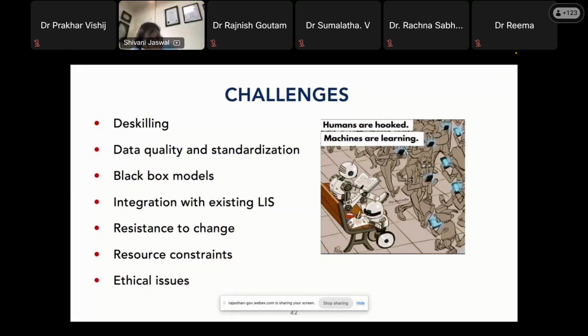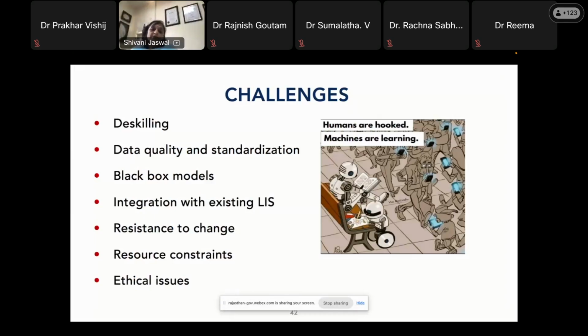Another challenge is resistance. Whenever there is something new, whenever there is a change, it is very human behavior to resist this change. This resistance can come from our own laboratory staff and from the clinicians, who may find it difficult to interpret the AI results.